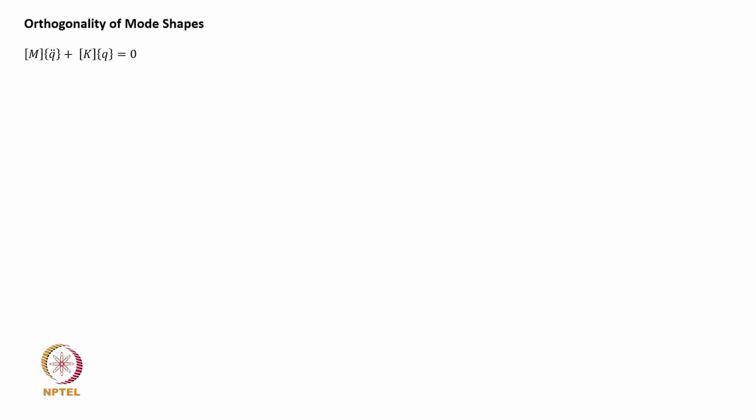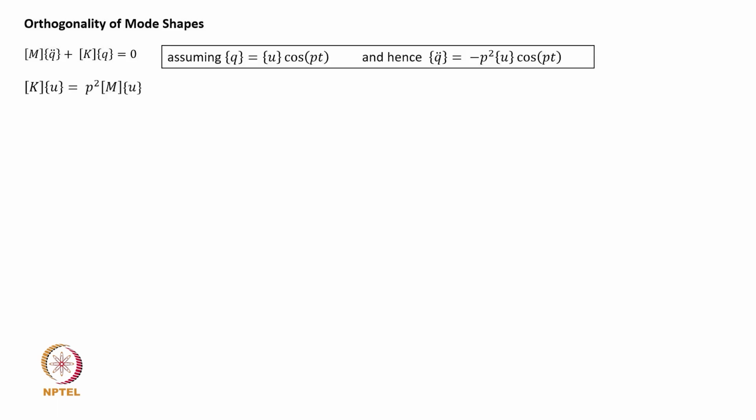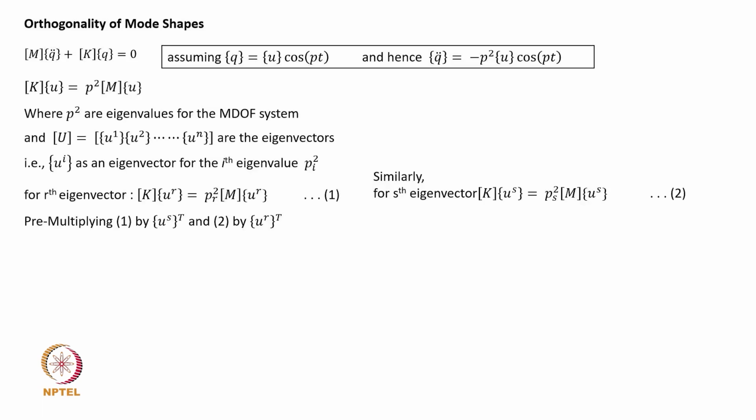The governing equation for a free undamped vibration system is given by m q double dot plus k q equal to 0, and then assuming a harmonic solution, the rest of the process we discussed clearly, that k u equal to p squared m u becomes the modified form of the governing equation by substituting the assumed response, where this physical response q(t) is represented as an arbitrary constant times the harmonic time function.